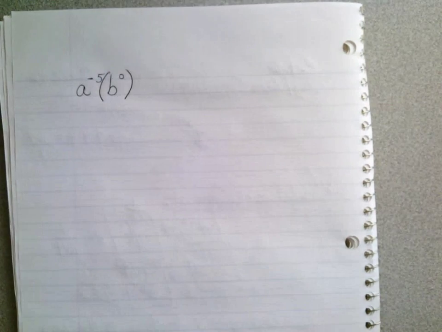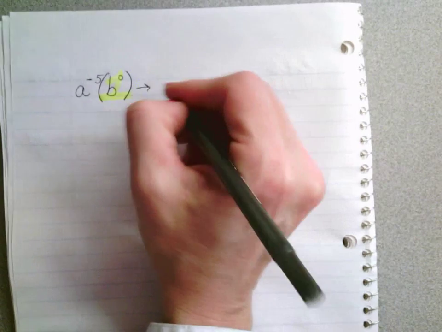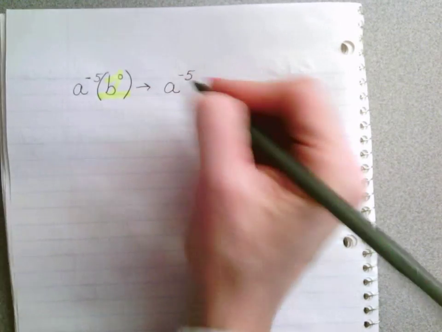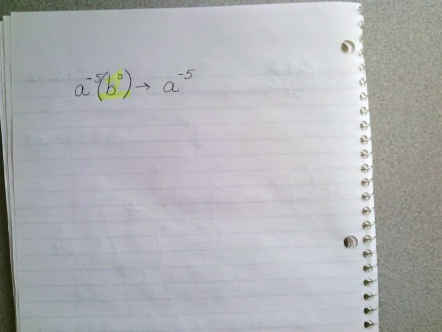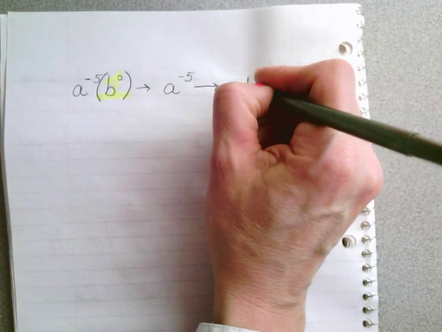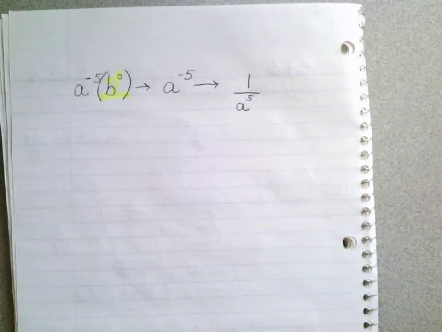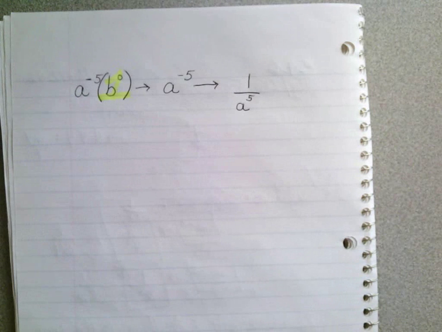It now says a to the negative 5th multiplied by 1. Which, if you want to take your time on it, looks like that. But write this using only positive exponents. Rewrite this in the denominator of a fraction below a 1. And you have your answer. That's how something like that would be solved.